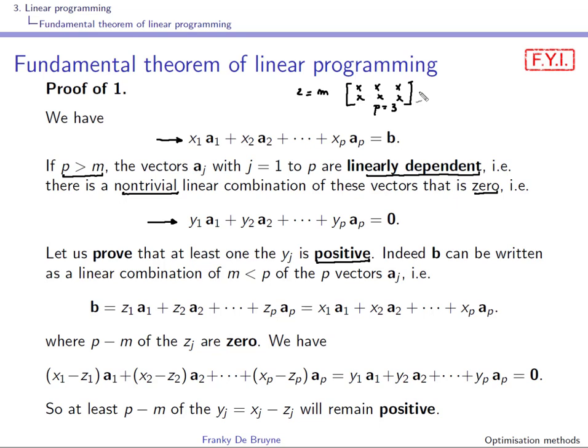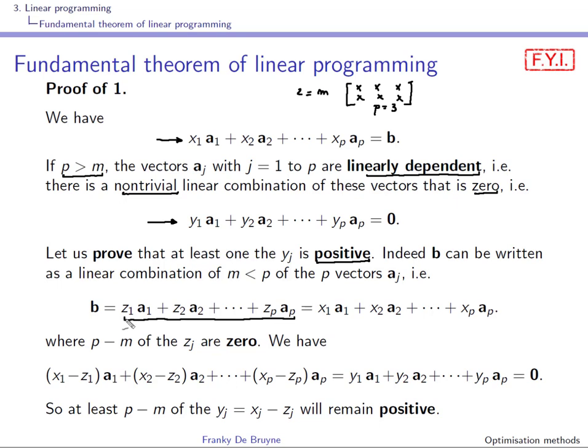So in this case, for instance, if you take only two of the columns, since the rows are independent, you have a basis, right? So you can write b in terms of these columns. So in general, what you can do is write b as a linear combination of m of these vectors a_j. And here you have this linear combination.